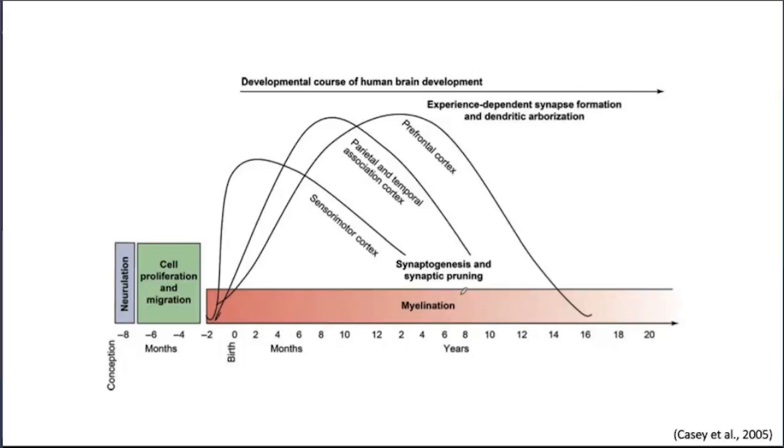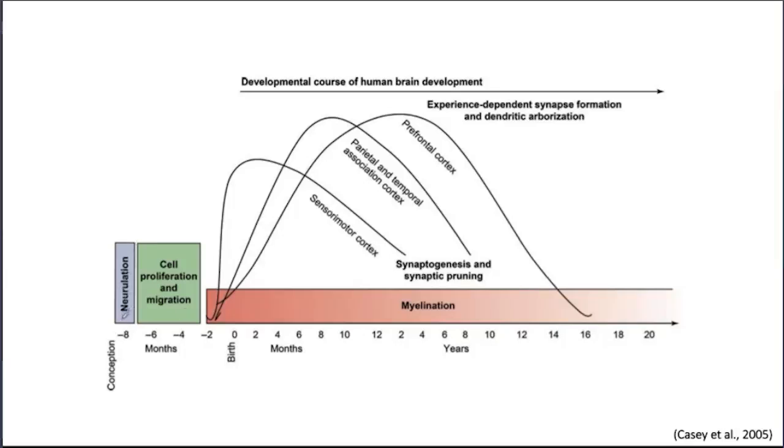This is one of the most beautiful figures that I really love for understanding how the brain works after childbirth. This is the process we discussed about neurulation, proliferation, and migration. We discussed these processes before, okay? So now we have all neurons in place.